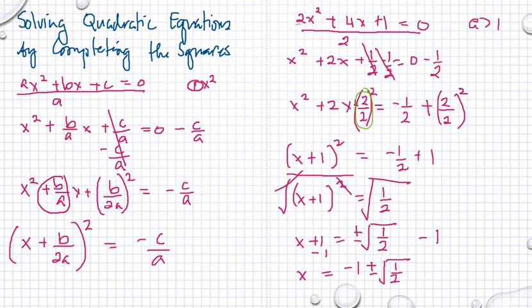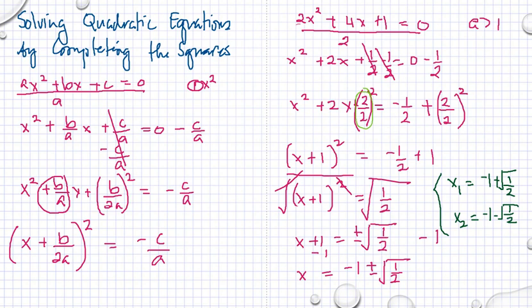So we have, if I can write that in another color, x sub 1 will be negative 1 plus square root of 1/2, and then x sub 2 will be negative 1 minus square root of 1/2. Then that is my solution.